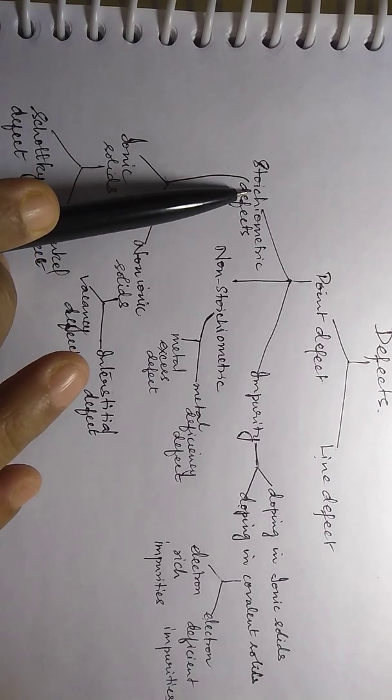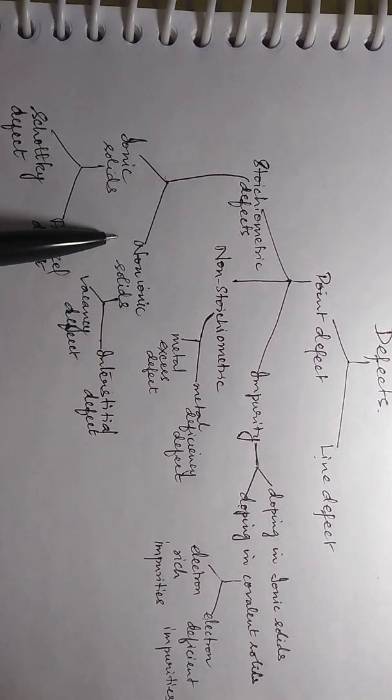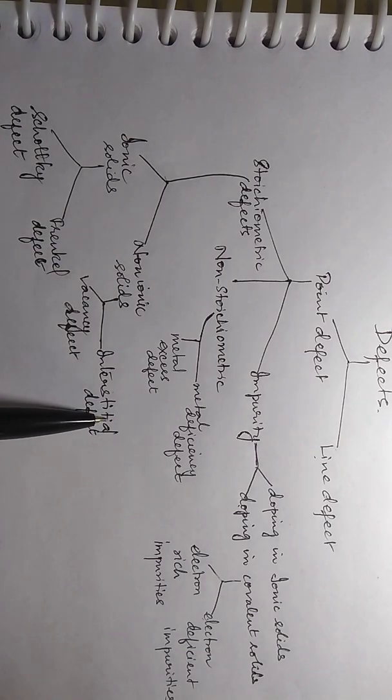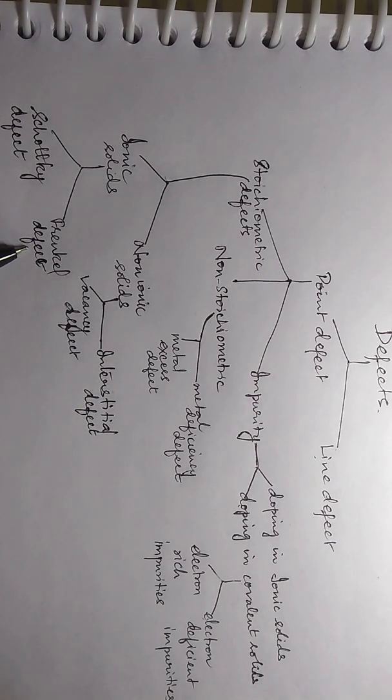If the same defect is present in a non-ionic solid, it is called vacancy defect and interstitial defect. Basically this vacancy defect is the same as the Schottky defect and interstitial defect is the same as the Frenkel defect.